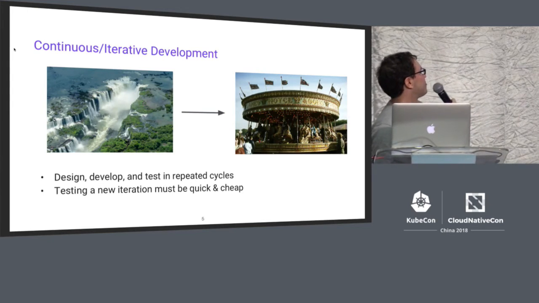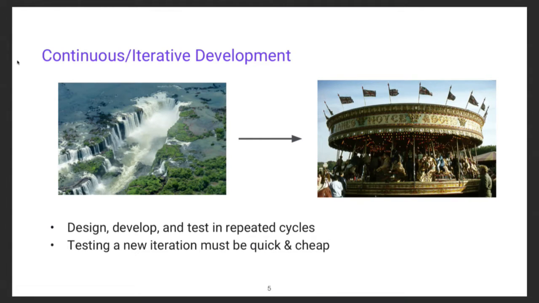First I want to explain what iterative development is and why it is important. You can see on the left a waterfall. That's the traditional way of developing applications, where you do each phase separately.